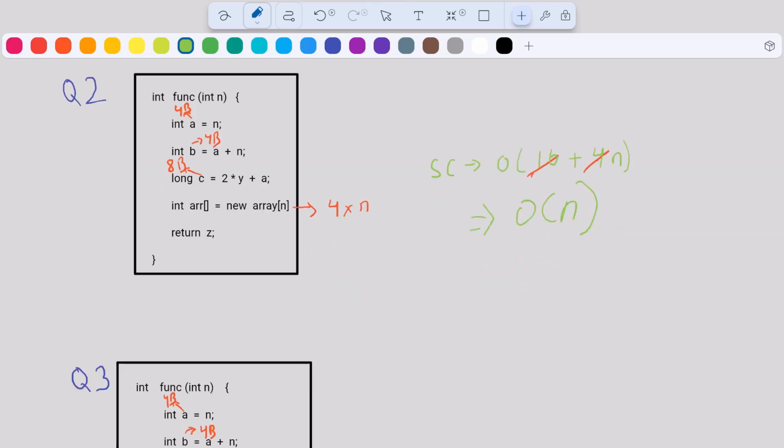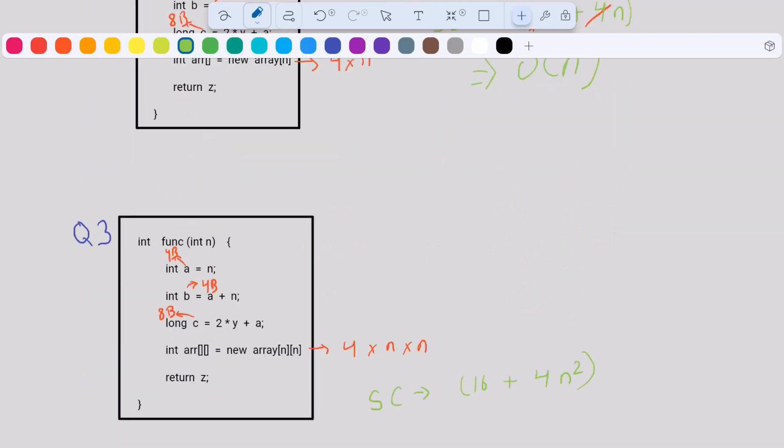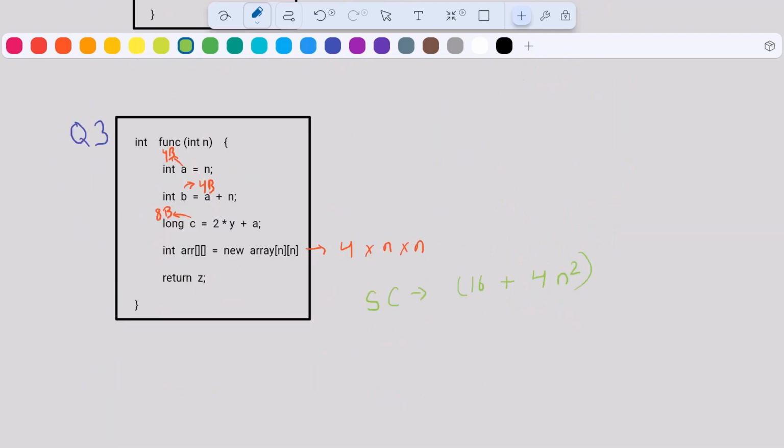Okay, now let's proceed to another problem. In this problem you can see there is an integer, a long, and a dynamic array which contains a size of n into n. So the memory allocated for this will be 4 into n into n. How is this expressed in space complexity?